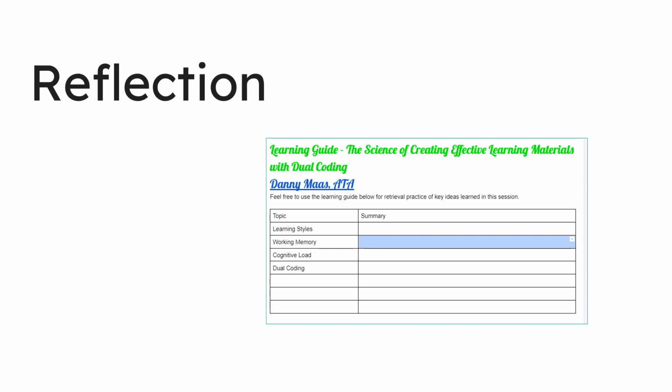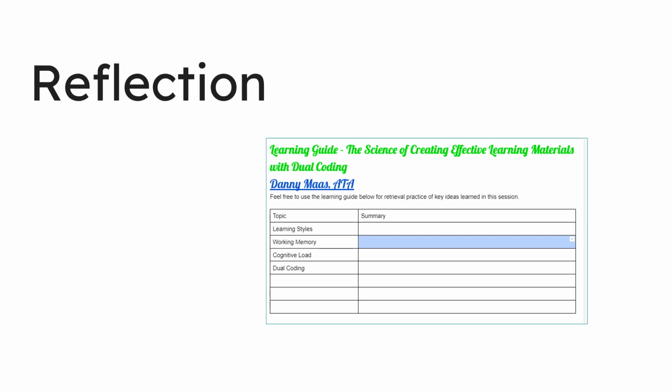Okay, so I invite you, if you wish, to take a moment and just reflect, pause the video. In the Wakelet collection, I've got sort of a learning guide, and what we're going to do is an activity to try to recall. The act of recalling things you've learned is called retrieval practice. It can help you learn things more deeply when you're just trying to remember something. So just pause for a moment.